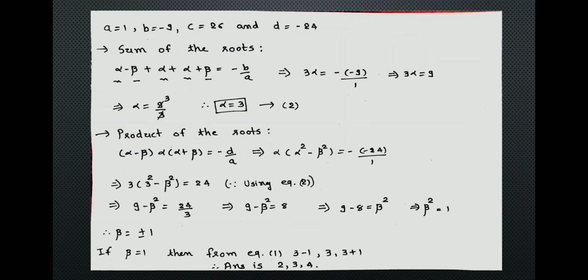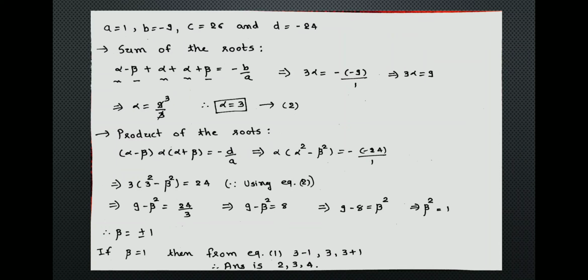Here I choose equation 2. Now substituting the value of alpha = 3 in this equation, we get 3(3² - beta²) = 24, implies 9 - beta² = 24/3, implies 9 - beta² = 8.